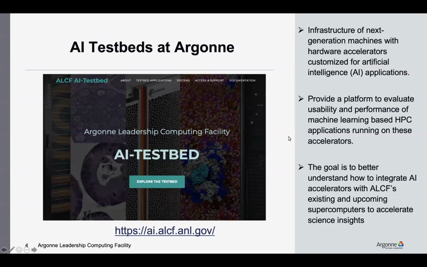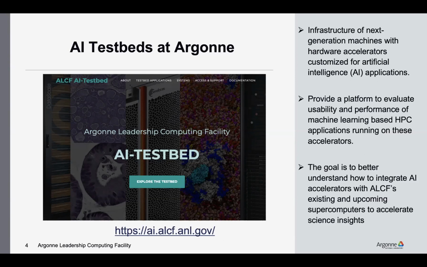So now, the AI testbeds at Argonne. This is a very important website. You can go here and check out what AI testbeds we have at Argonne, and documentation about them is available on this website. The general idea behind having AI testbeds at Argonne is to have an infrastructure where we can test out various AI applications, and see how they perform in comparison to traditional CPUs and also GPUs.